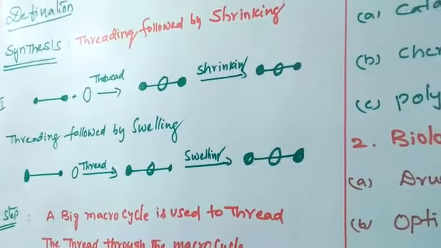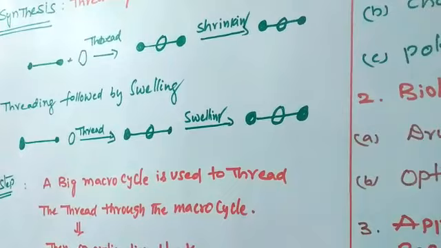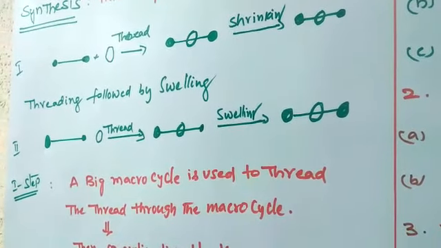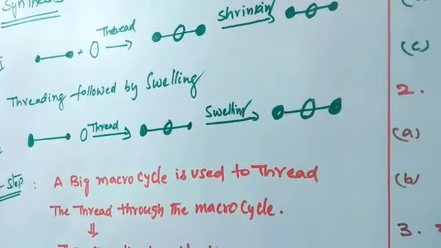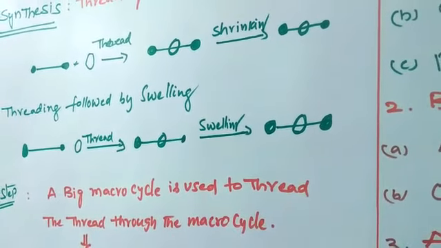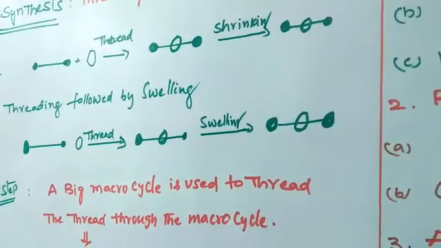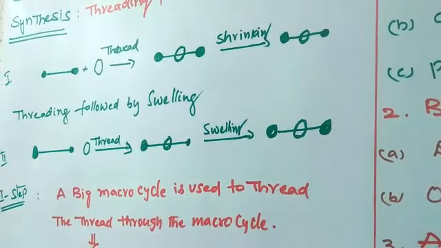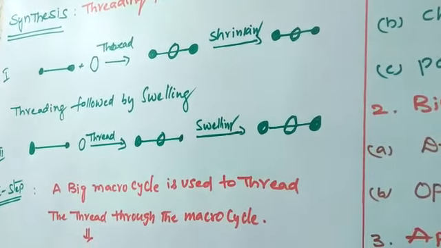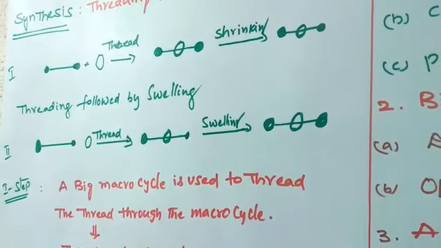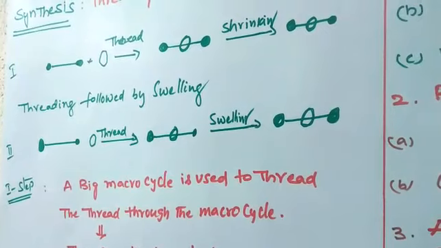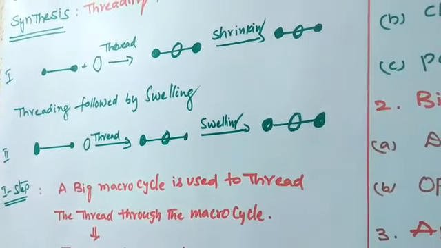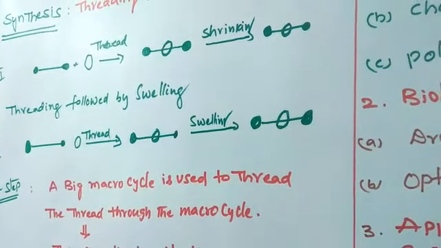Look at the first one, threading followed by shrinking. In this case, a big macrocycle is used, and the thread is passed through the macrocycle.